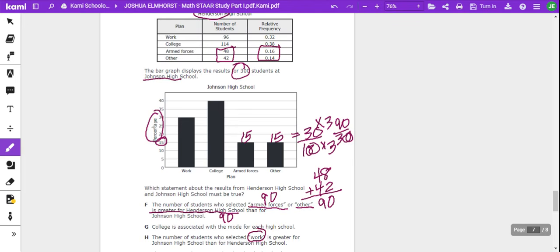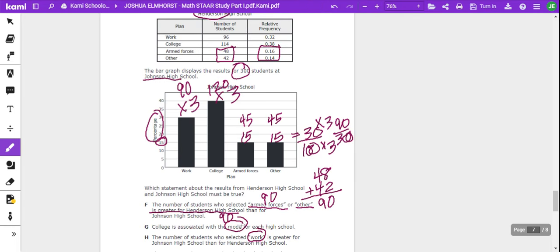Work. So everything down here needs to be multiplied by 3. So this is 90. It's 120. This is 45 and 45. So this one is changing the percent into actual numbers.